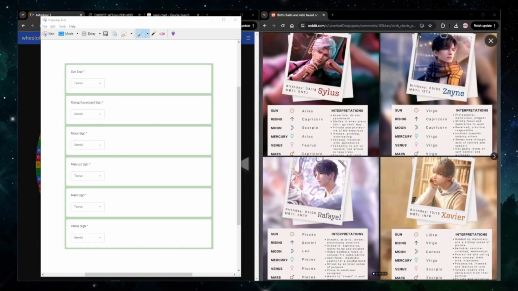And let's see, moon sign in Gemini, his is in Pisces. Okay, so your level of emotional expression is not as expressive as Raphael's. Gemini is an air sign, so air signs tend to be a little more free-flowing.